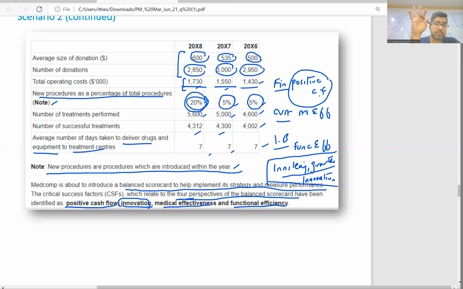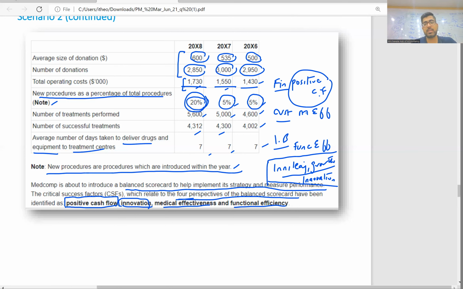This gives you 4 marks for innovation, because 1 mark you selected the correct CSF, innovation, 1 mark you selected the correct KPI, new procedures, and then 2 marks for the description that analyzes the performance using this KPI. Pay attention. For financial, you said that out of these 4, the critical success factor for financial is positive cash flow. How will you measure positive cash flow?